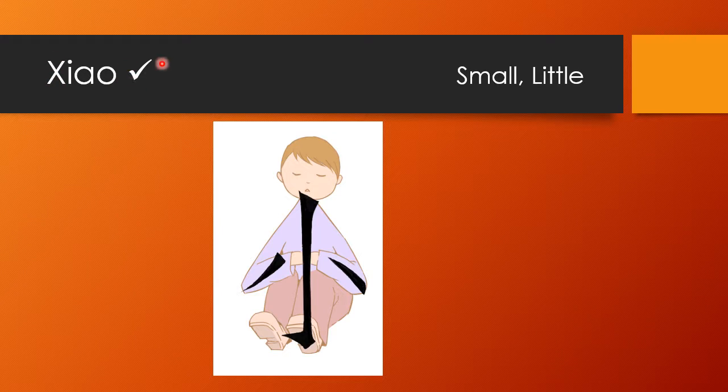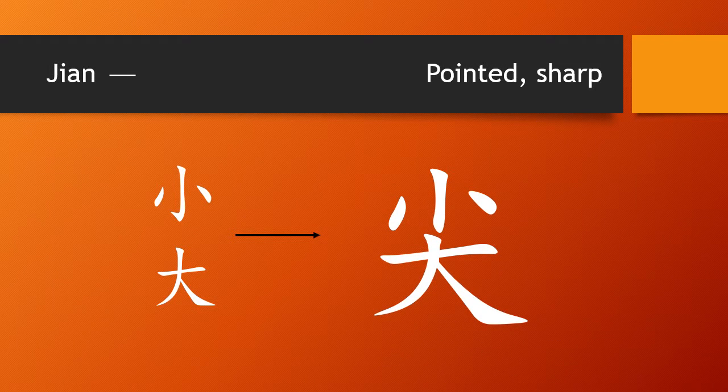Xiao, down and up. Xiao, small or little. Another combination word. If we put a xiao on top of a da, small on top of big, we get the word jian, pointed or sharp. Think about it like a pencil. The pointed part is small and the bottom, the eraser part, is big. So small on top of big is pointed or sharp.